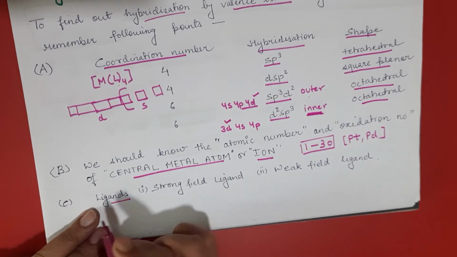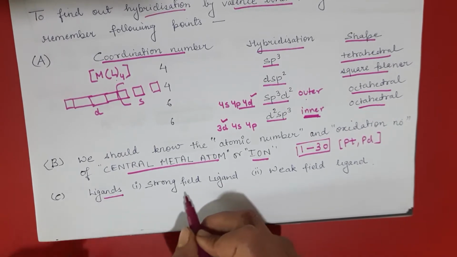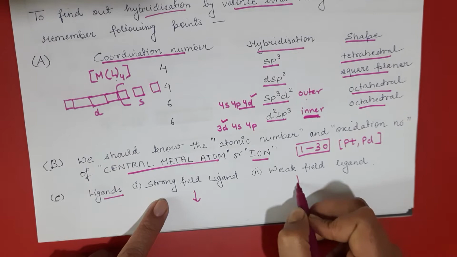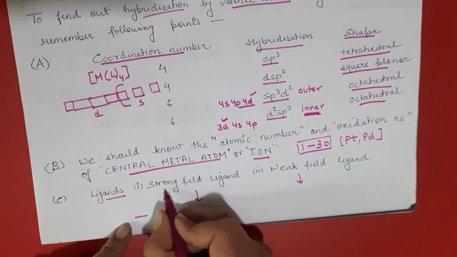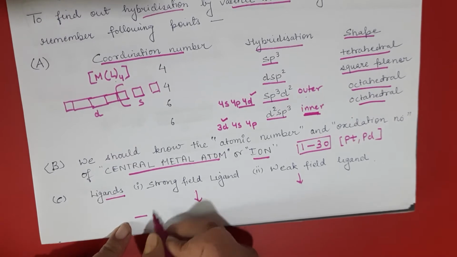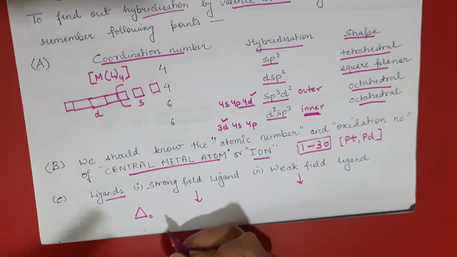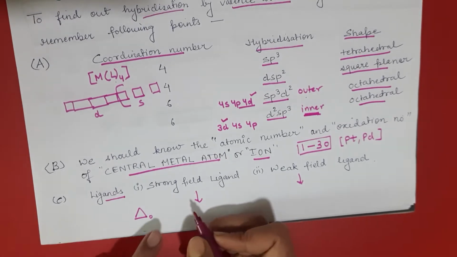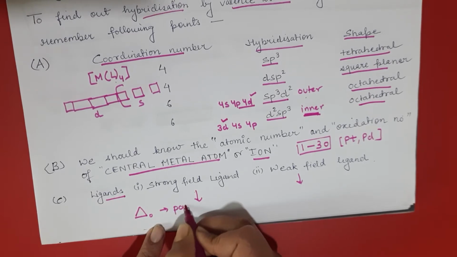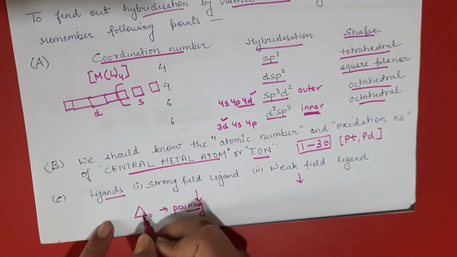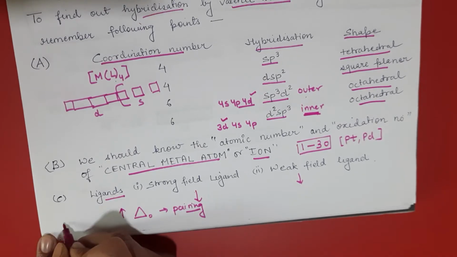The next point is ligands. Ligands are of two types: strong field and weak field ligands. If there is a strong field ligand, the splitting energy, delta naught, is very high. This will lead to pairing. And what is delta naught?